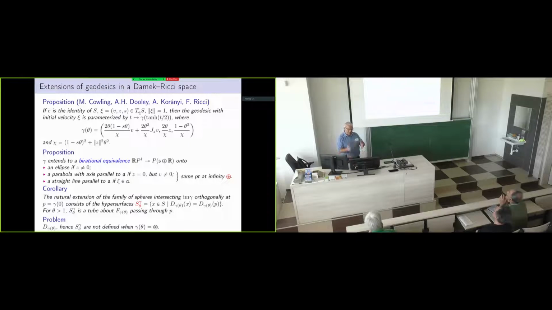So if you have an affine invariant description of the geodesics here, then it will extend to any other point in S. Here's a formula for a geodesic, where in the place of theta we have to write the hyperbolic tangent of t over 2, where t is the arc length parameter on the geodesic.